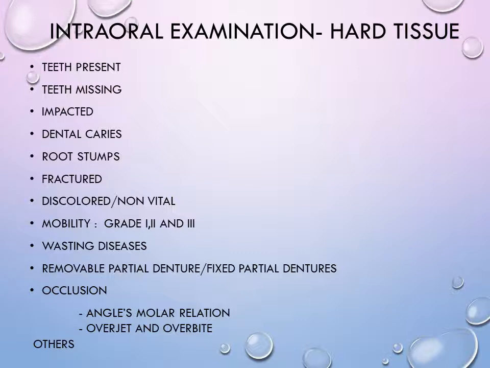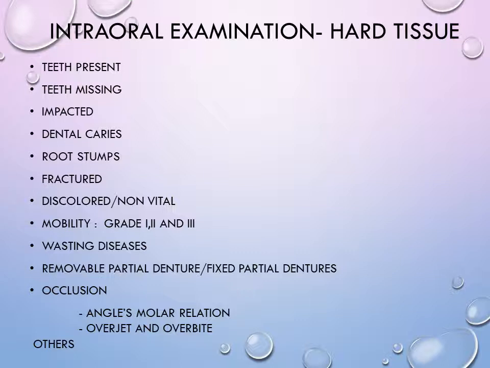This is probably most commonly done to assess the periodontal status of the teeth. The wasting diseases, we check for attrition, abrasion, erosion, etc. We do check whether the patient has been issued prosthesis, whether removable or fixed, to assess the status of the prosthesis, whether it requires repair or whether it requires to be replaced, whether the patient is actually happy with it, or whether the patient would like a new prosthesis as well.